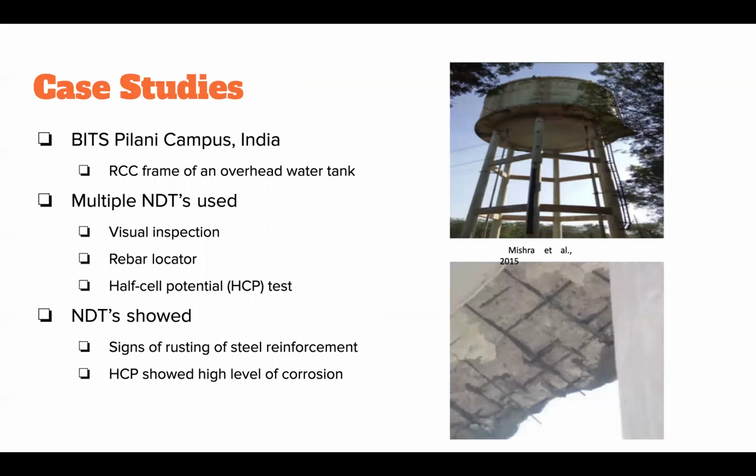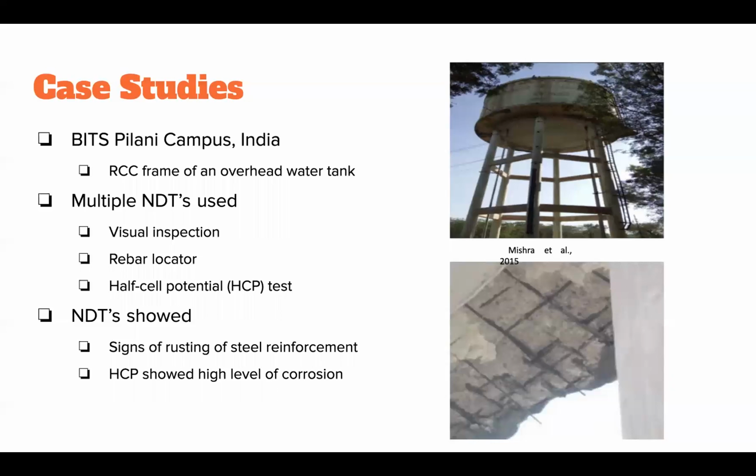Next case study is about a 3-story reinforced cement concrete frame of an overhead water tank in Pilani campus in India that has been standing for approximately 40 years. The issue is that there was a visible development of wide cracks and rusting of steel reinforcement that indicate the need for NDTs to be performed.